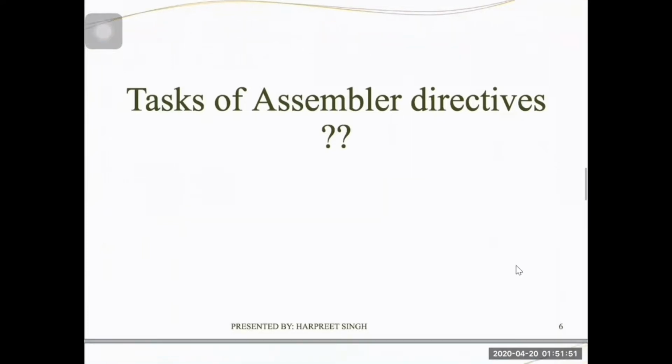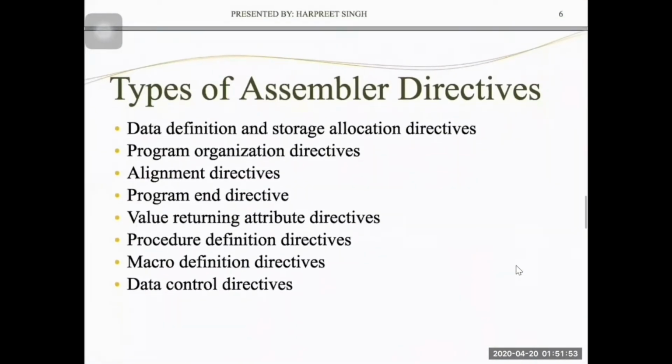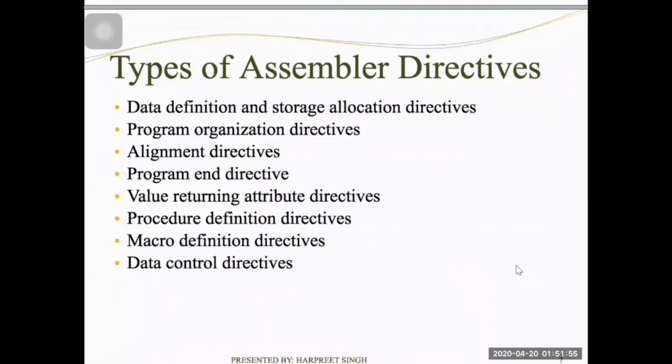Now, various types of assembler directives. These are the various types. First one is data definition and storage allocation directive. Second is program organization directive. Third one is alignment directive. Fourth one is program end directive.